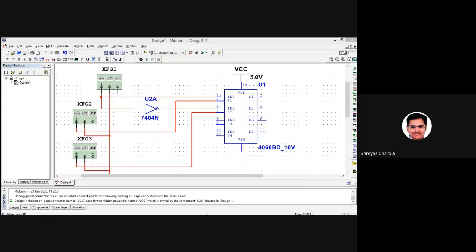I'll also give a negative voltage, because your analog signal goes from the positive cycle to the negative cycle. So I'll take VEE, that is a negative voltage, and connect that over here. I am applying 15 volts. They are not connected actually.